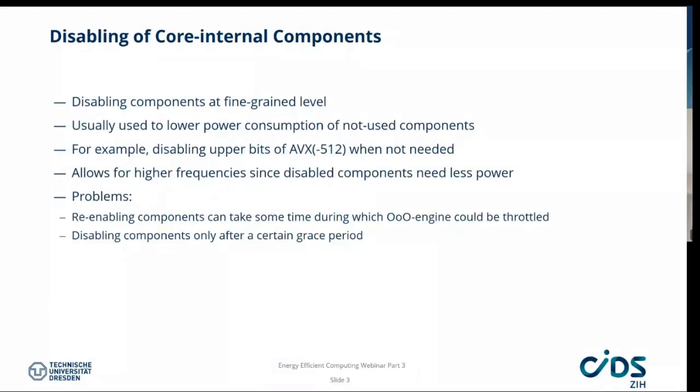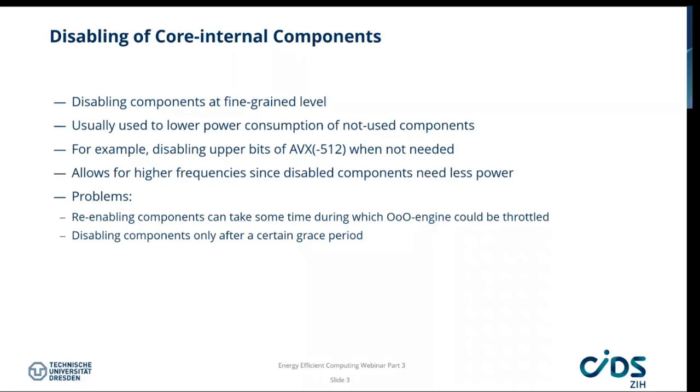If you look at the core level, the first thing I would like to talk about is that we have some transparent mechanisms. When you're running your processor, there are core internal components like wide AVX paths or AMX paths that are used for tensor instructions. When these wide paths are used, the power consumption typically goes up.